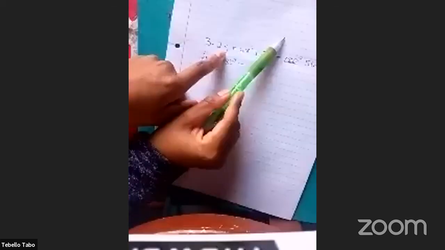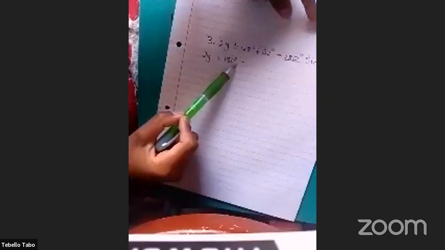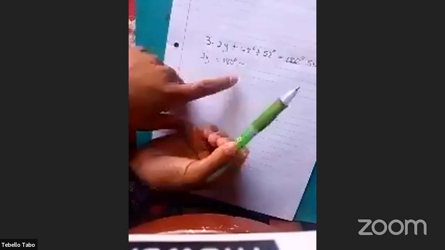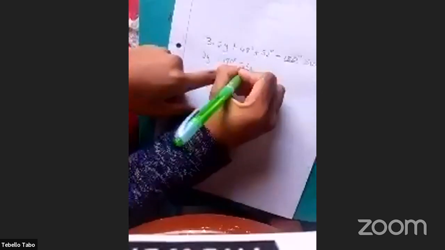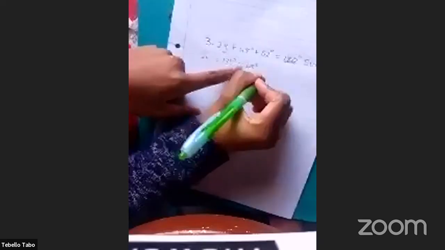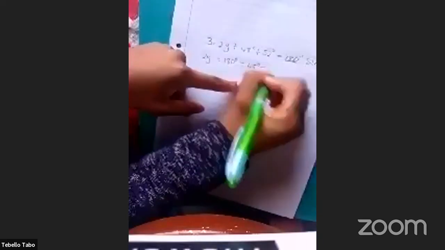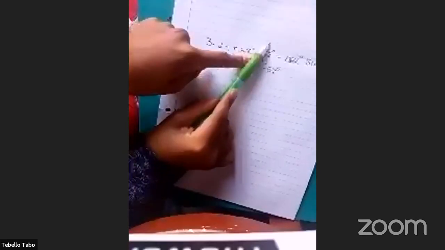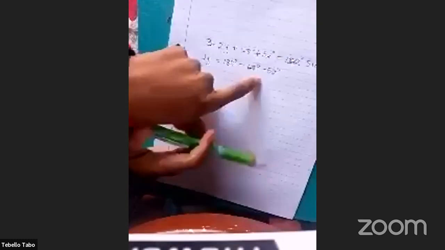You can see that, right? And when it moves from this side to this side, it becomes negative, which is subtraction. Ne? So we'll subtract our 48 degrees and then subtract our 52 degrees, because you can see it's positive, and when we move the side, it will be negative. Ne?